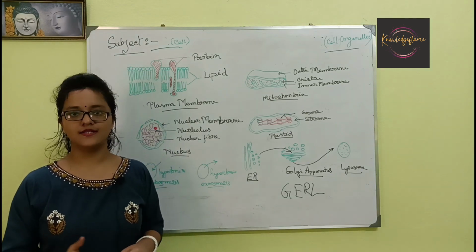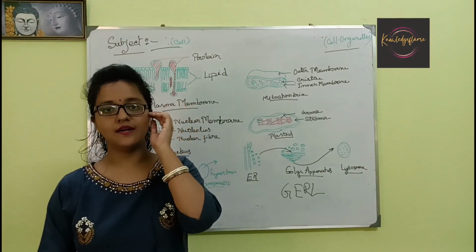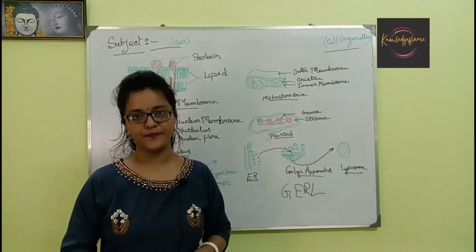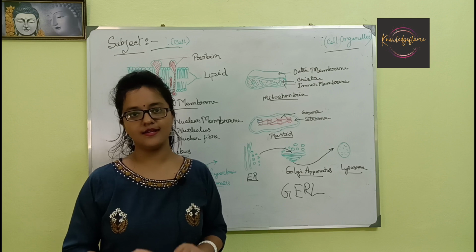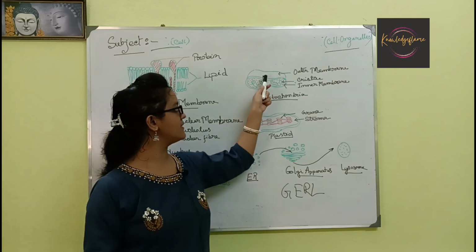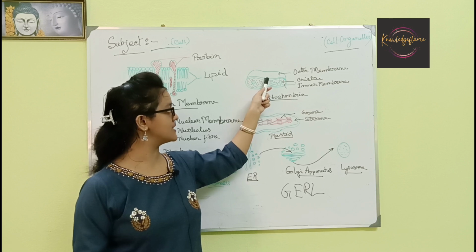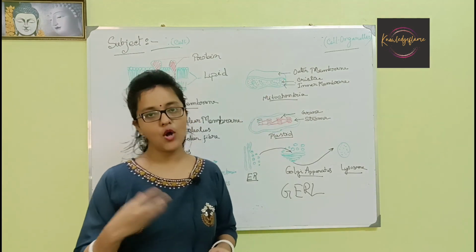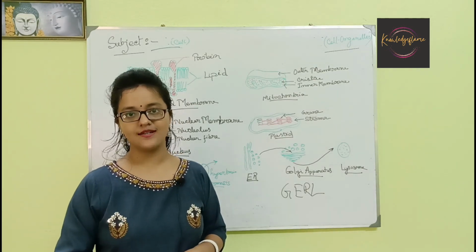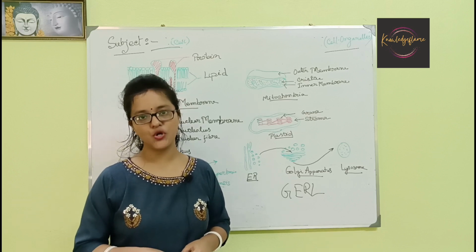Now, cytoplasm. Cytoplasm actually has different types of cell organelles, and the basic powerhouse of the cell organelle is mitochondria. And mitochondria is covered by double layer membrane, and this is outer membrane and this is inner membrane, and between these two membranes there is intermembranous space, and from inner membrane there is a finger-like projection called cristae, and the inner matrix is called stroma.